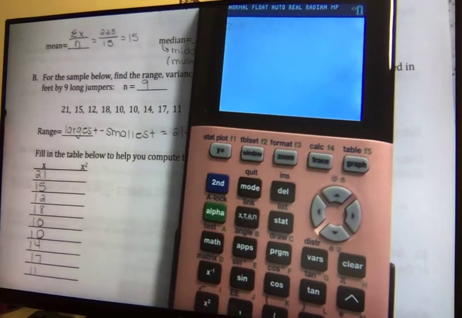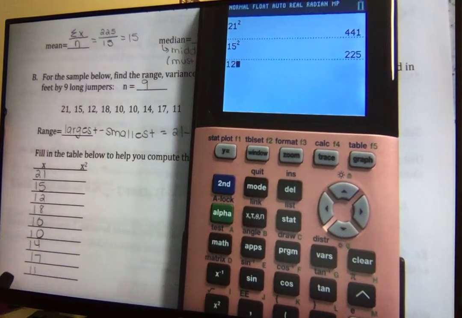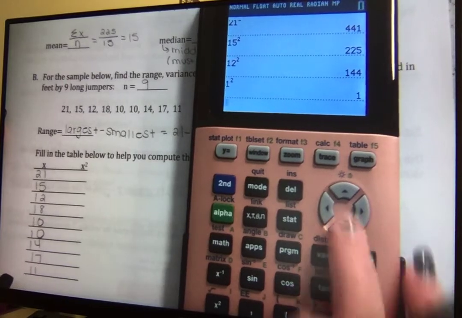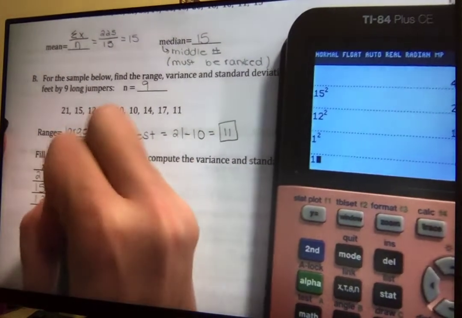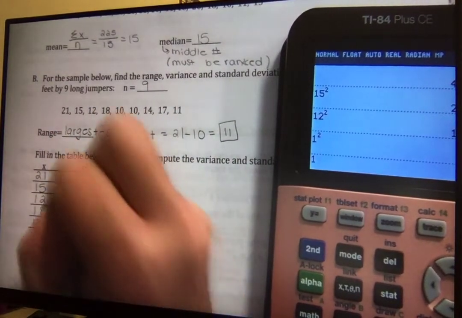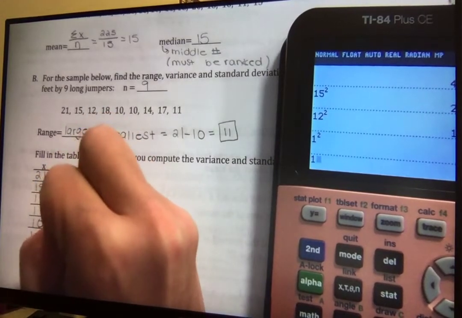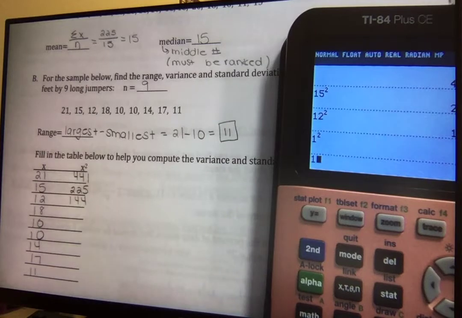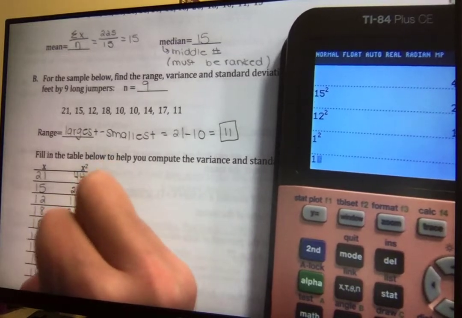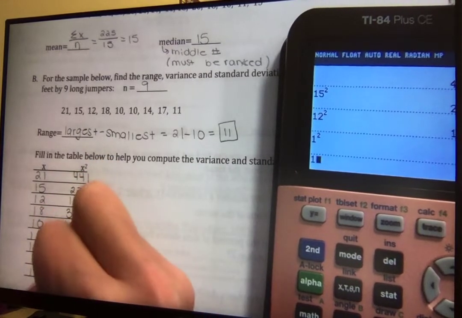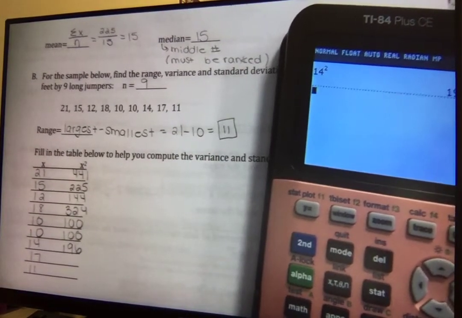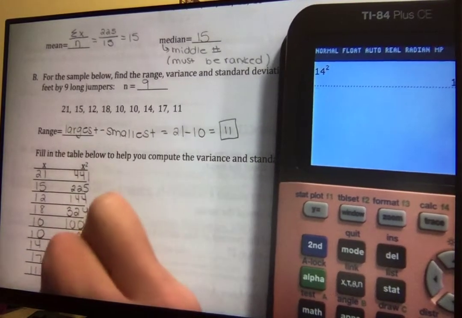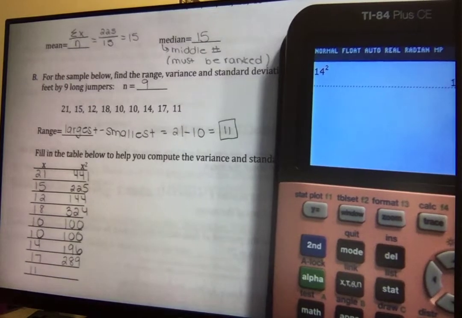Going down our list, 21 squared is 441, 15 squared is 225, 12 squared is 144, 18 squared is 324, 10 squared is 100, 10 squared is 100, 14 squared is 196, 17 squared is 289, and 11 squared is 121.